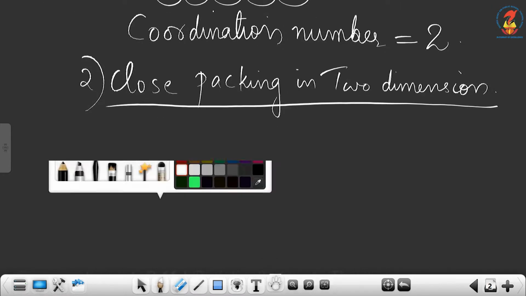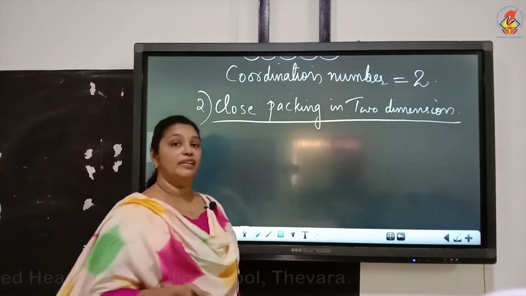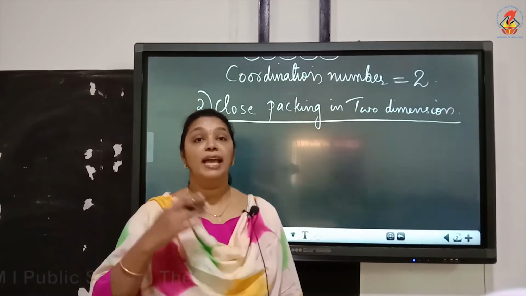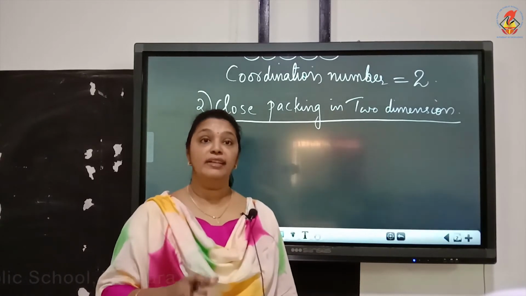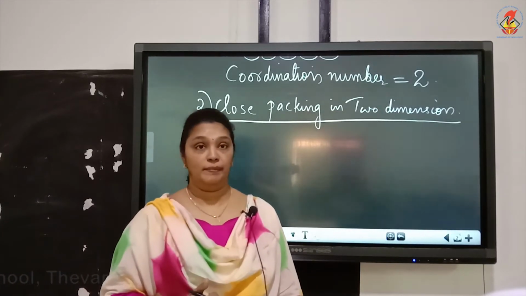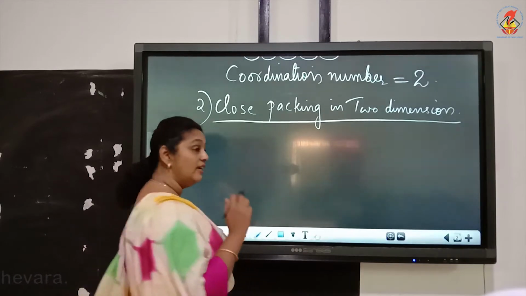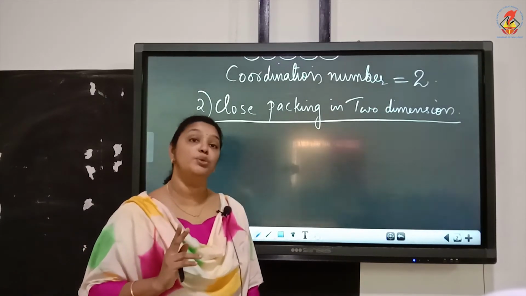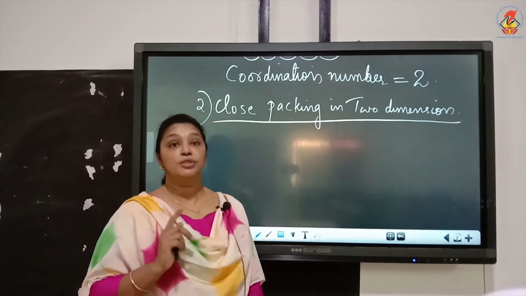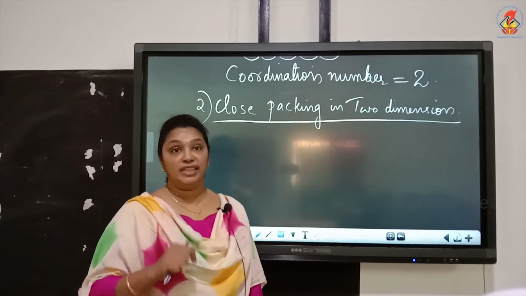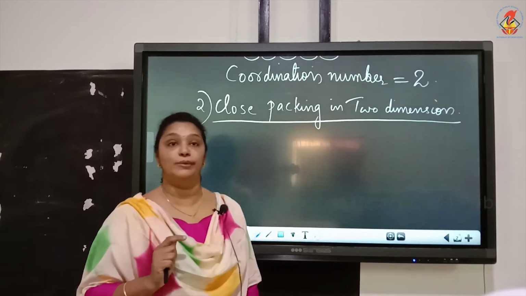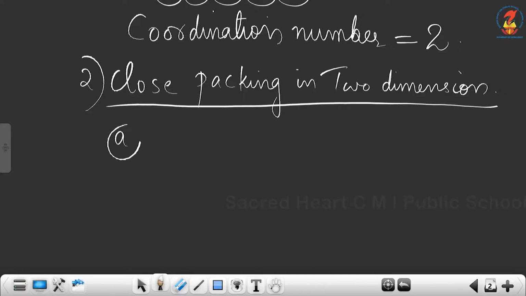When we study close packing in 2 dimension, we are placing another row on the 1-dimensional close packing. There are 2 ways of arranging the spheres in 2-dimensional close packing. Let us discuss the first method of placing the spheres. So, under close packing in 2 dimensions, we have 2 methods.